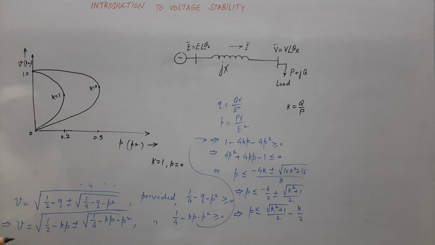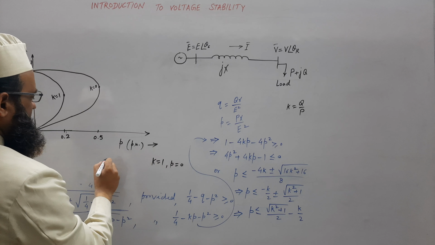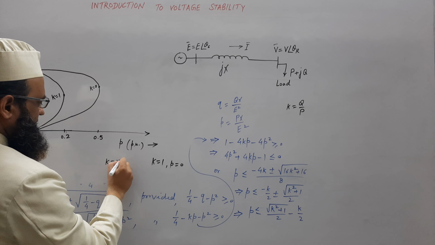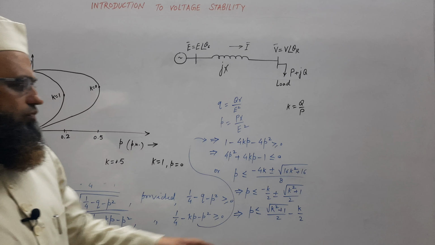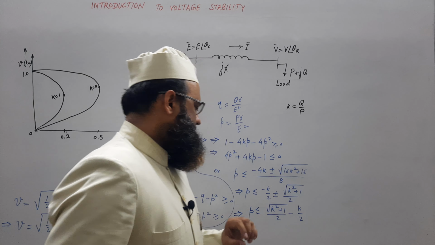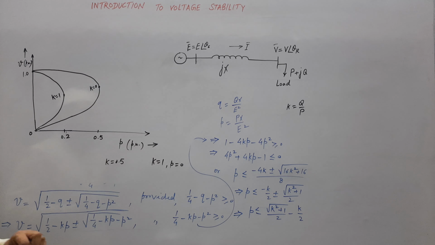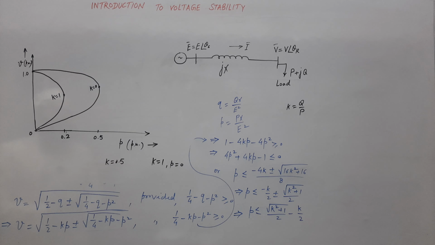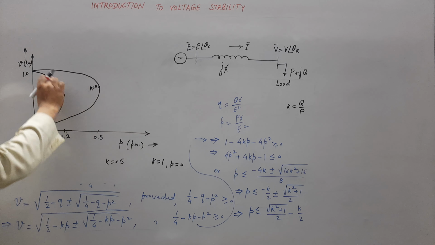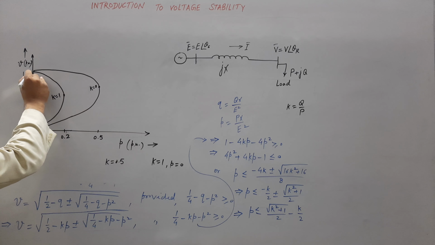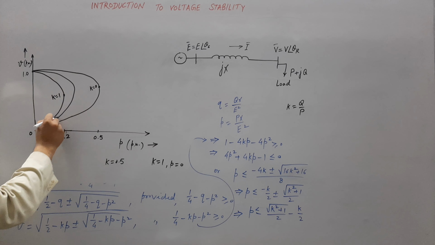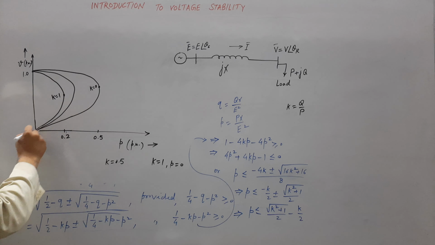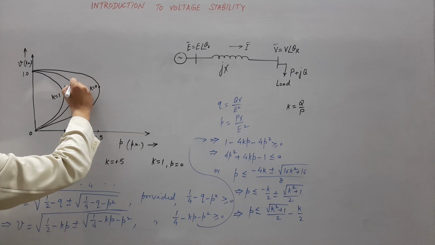Let us take some one, we have taken k equal to 0.5. So if k is 0.5, then let us calculate it, and for other values of k, I think it will be in between somewhere, right? Somewhere like this. Just calculate yourself and put the values, k equal to 0.5.